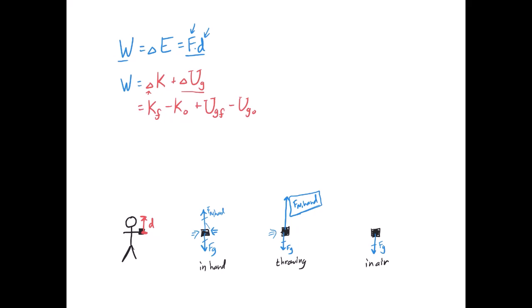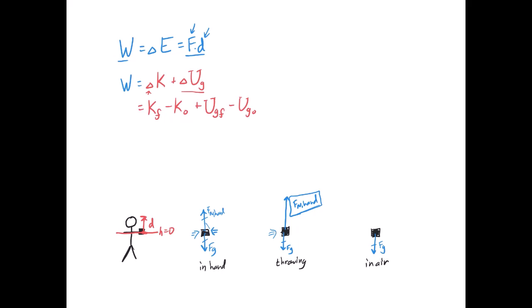So now we look at those and we say, well, when he was in my hand, if I make that my height 0, this is one of the neat things about gravitational potential energy: we can define height 0 wherever we want it to be. I can make it the lowest that my dog ever is. And so that's going to be gravitational potential energy 0.